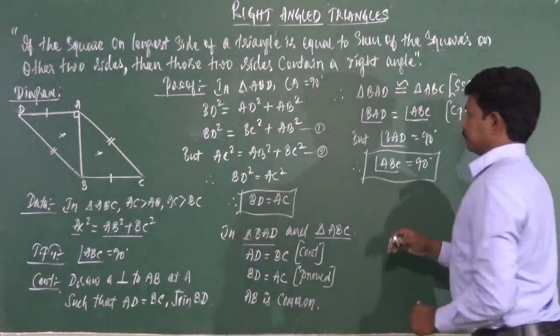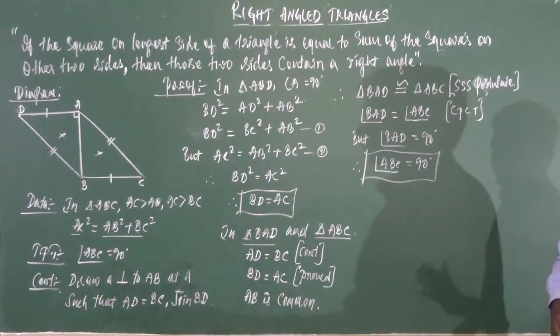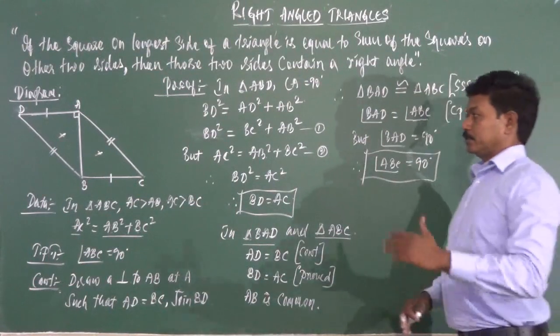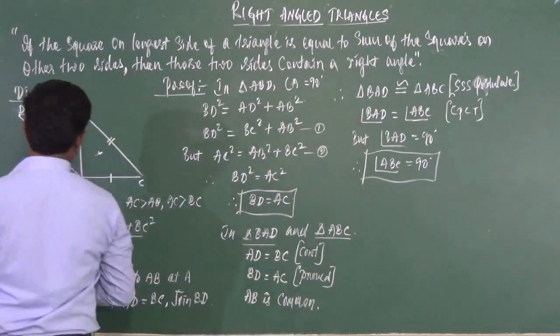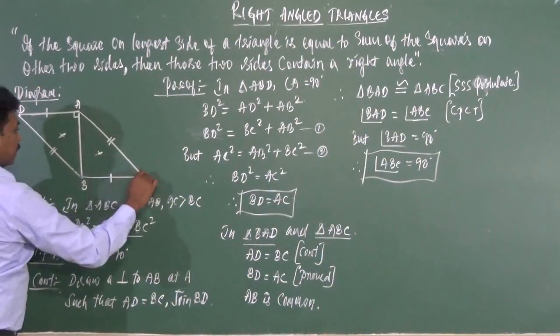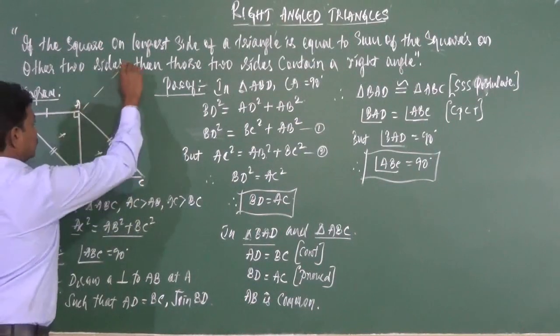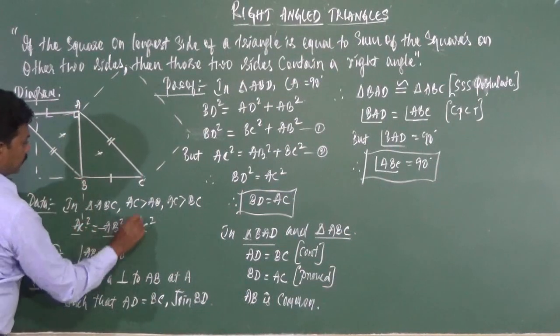So therefore, if the square on the longest side of a triangle is equal to the sum of the squares on the other two sides, then those two sides contain the right angle. So we have proved this logically. Here in triangle ABC, AC is the longest side. The square on the longest side is equal to the sum of the squares on the other two sides.